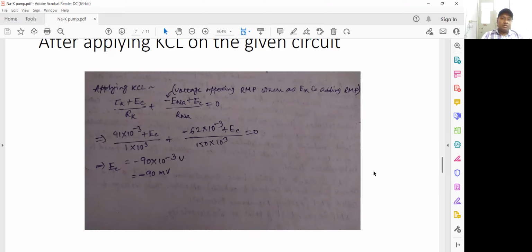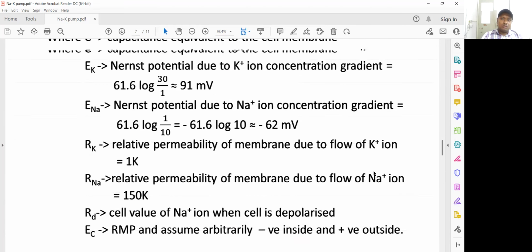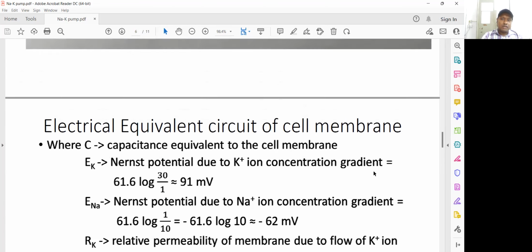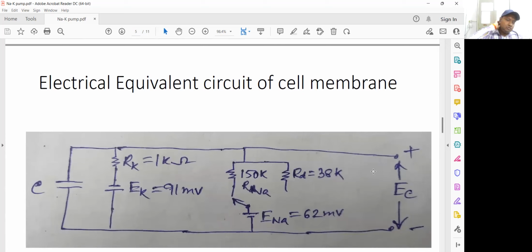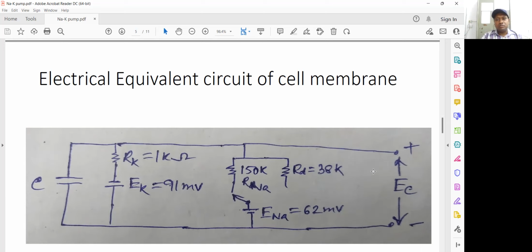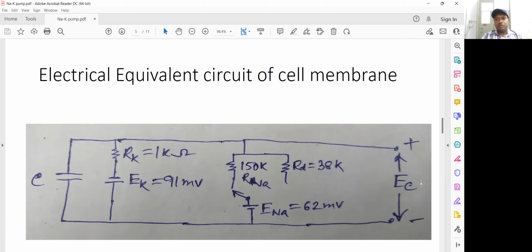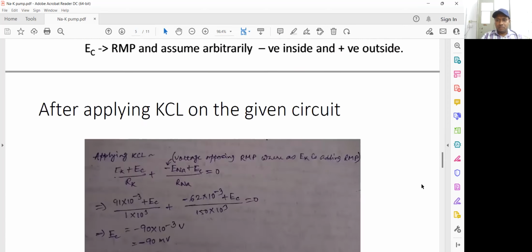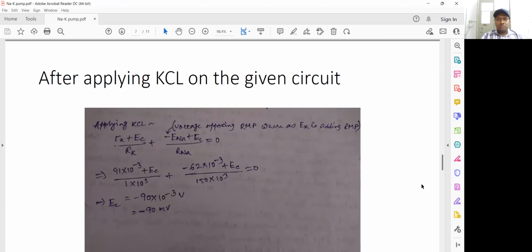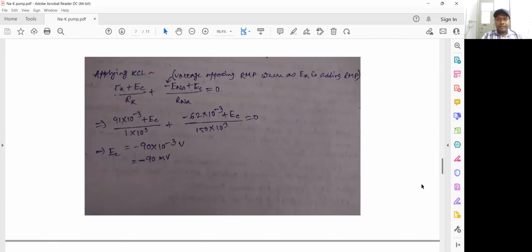So our equivalent circuit, which simulates the nature of the cell membrane, is successful. At EC we get exactly 90 millivolt, which was the RMP, resting membrane potential, for natural cells. Okay, are there any queries?